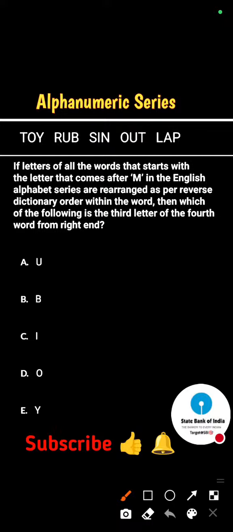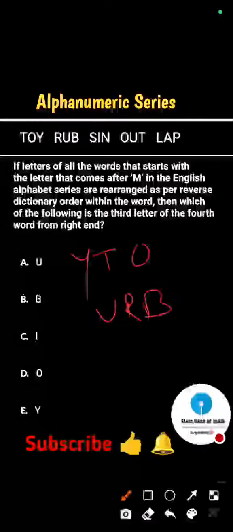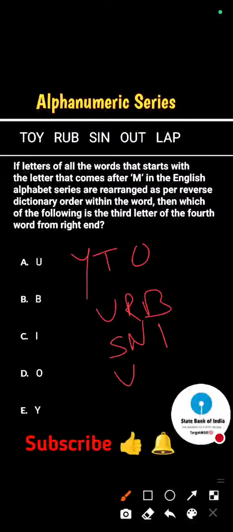The statement says that if the word comes after M, so these all come after M. So we need to write the letters in those words in reverse alphabetical order: Y, T and O. Next one is B, U, R. Next one S, N, I, U, T, O.